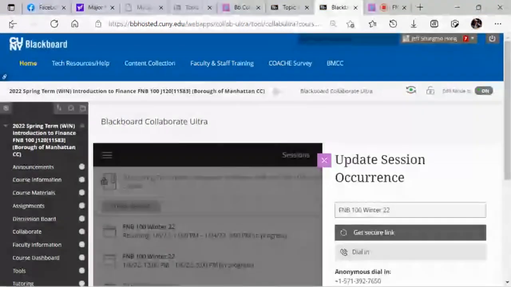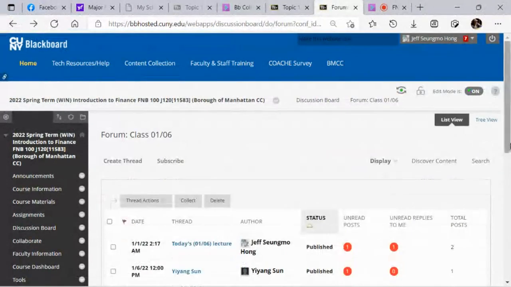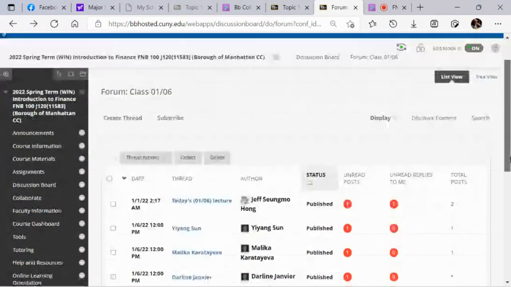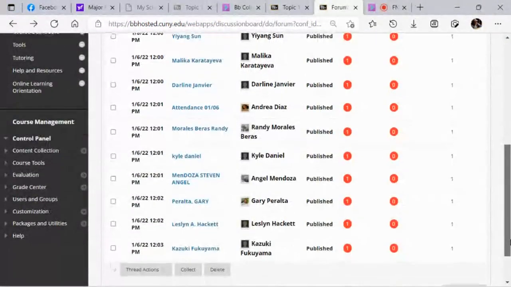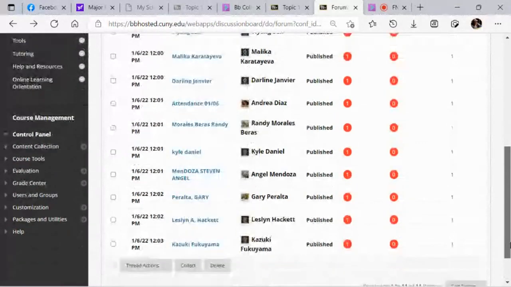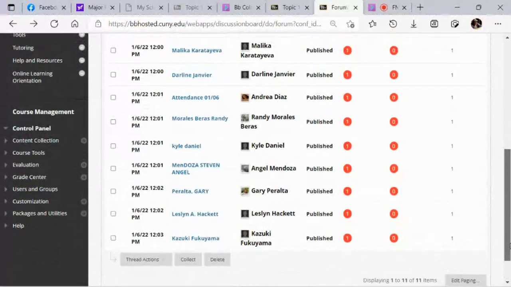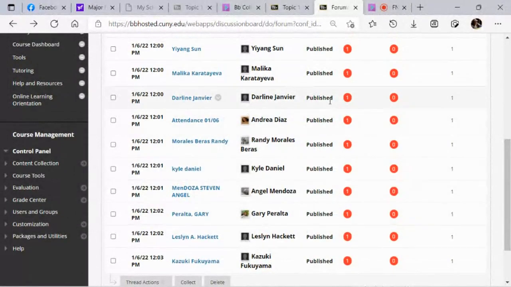Let me first check how many people. I noticed nine people in the Collaborate session, so let me make sure I have a matching number of people or more. Okay, I have 10 people in today's forum.